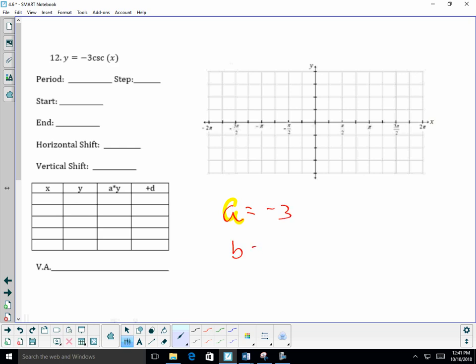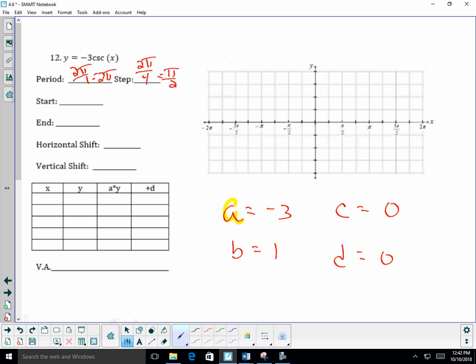My B is 1. My C is 0. My D is 0. So to find my period, I take 2 pi and divide it by 1, and I end up with 2 pi. To find my step, I take that new period of 2 pi and divide it by 4, and I end up with pi over 2.